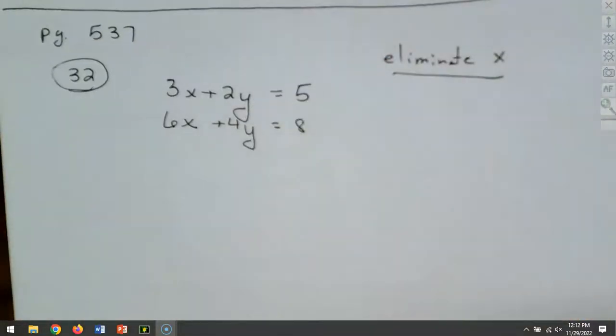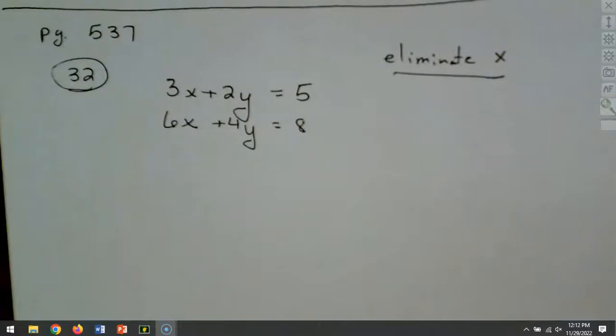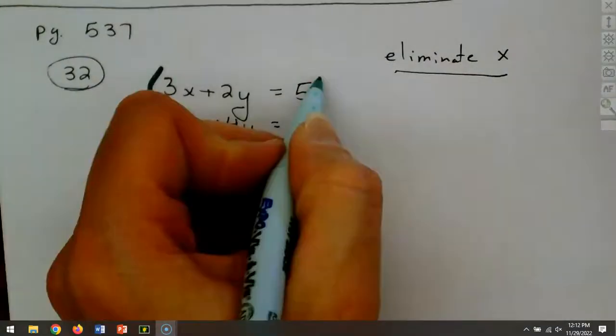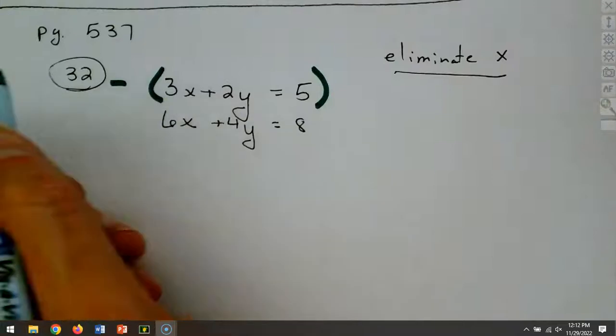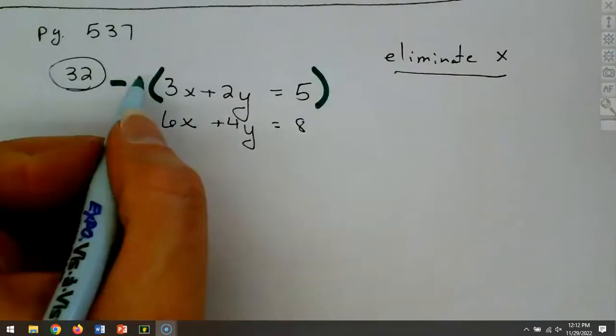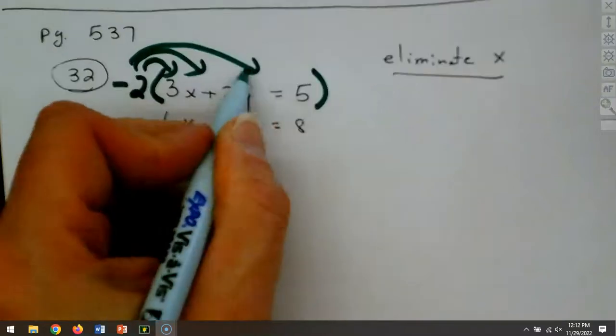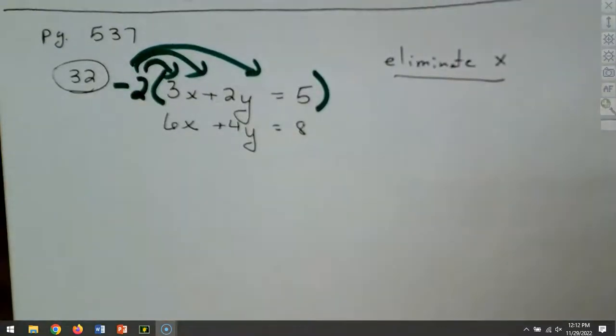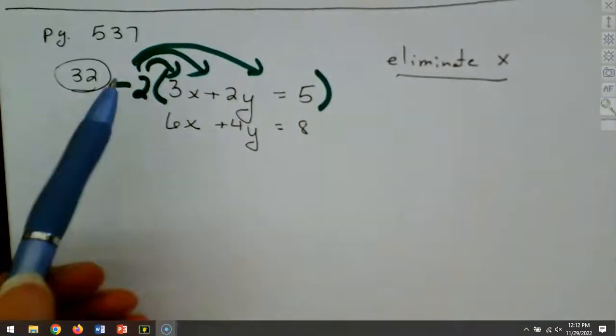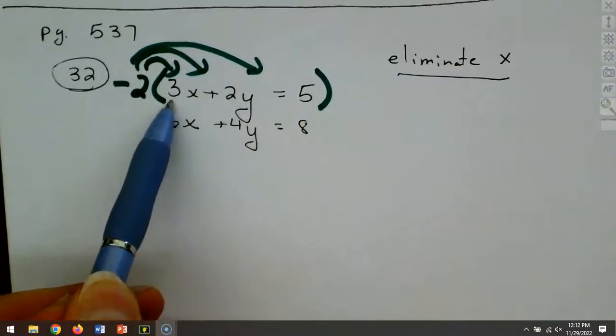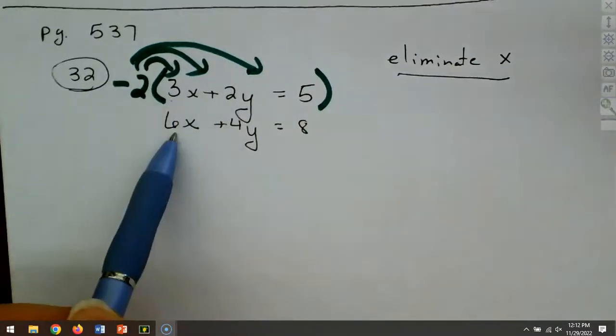So when I go to eliminate for the x here, I'm going to take my first equation, and I'm going to multiply it by minus what? 2. Why am I using a minus 2? Well, when I use that minus 2, that makes that a minus 6x, right? And below it is a positive 6x, so those are going to cancel out.